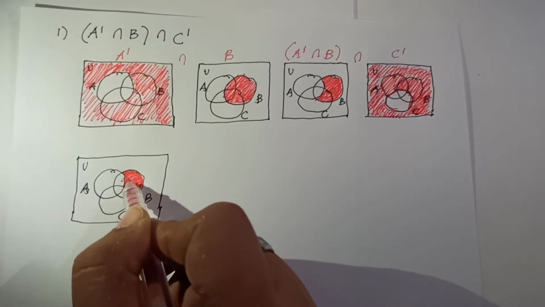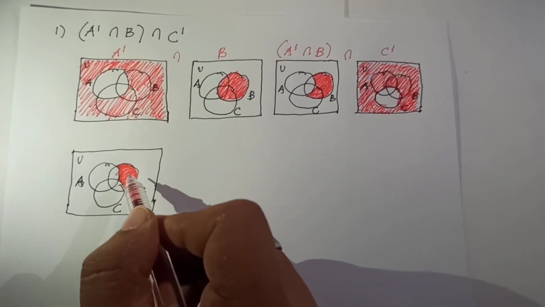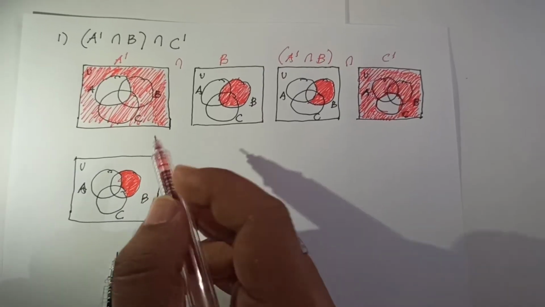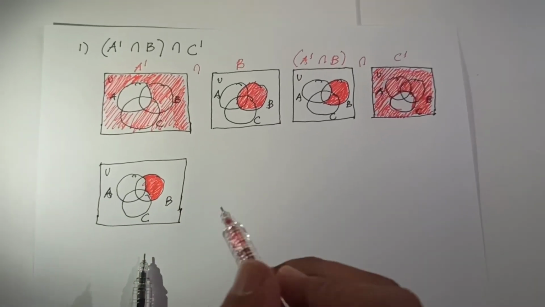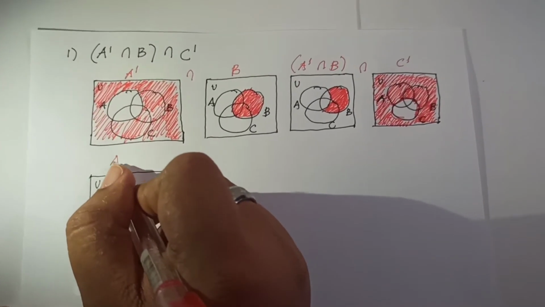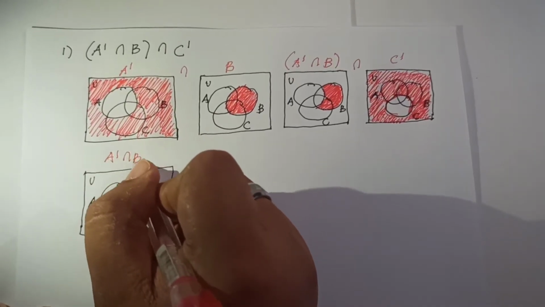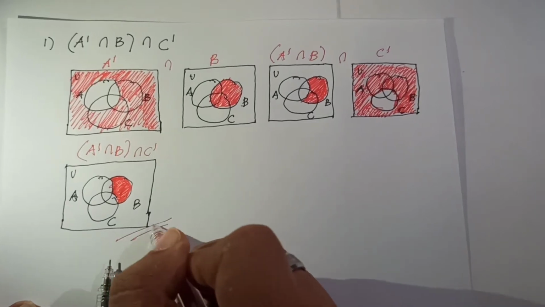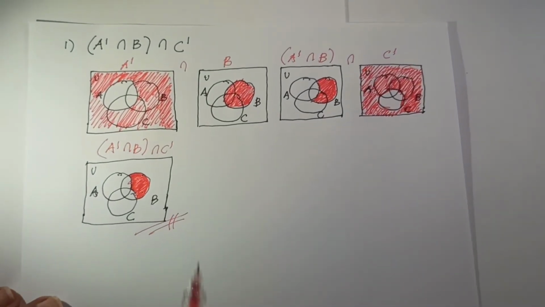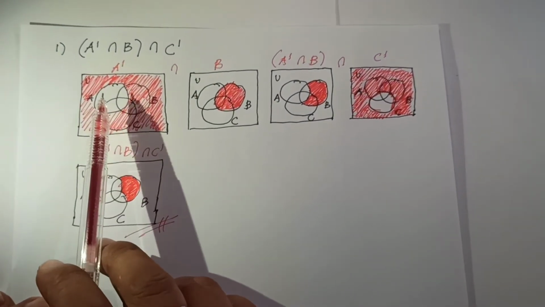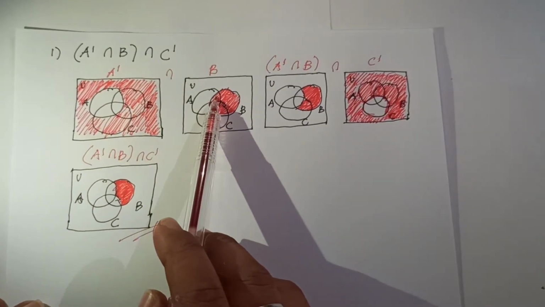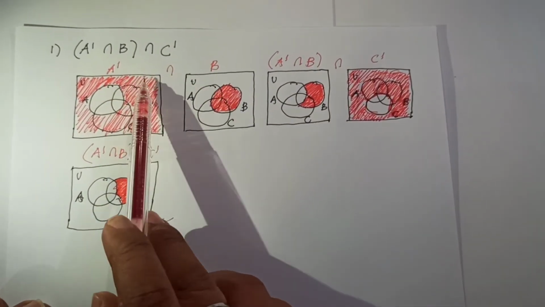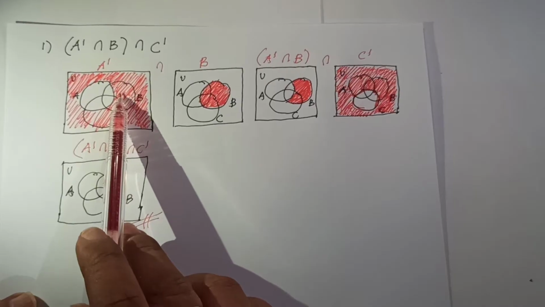This portion only needs shading. Therefore, this is A prime intersection B intersection C prime. This is the final answer. Again, first we make an A prime, and this one is B. We're going to get the intersection, so we look at the common.